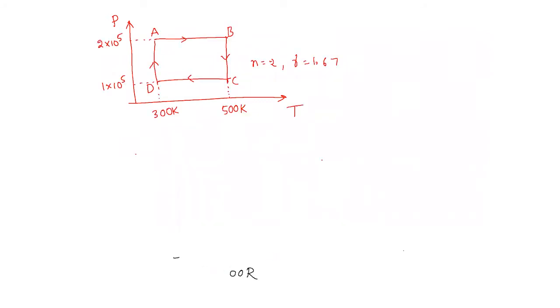Only if it is a PV diagram, a PV curve, can you calculate area. Understood? It is not a PV diagram, it is a PT diagram. So you cannot calculate area.